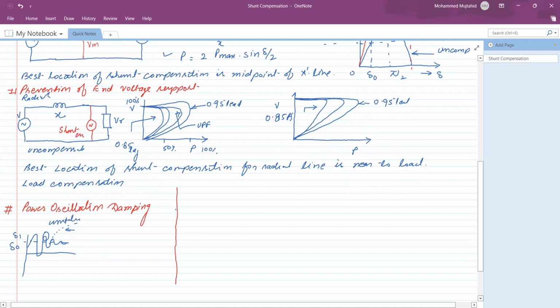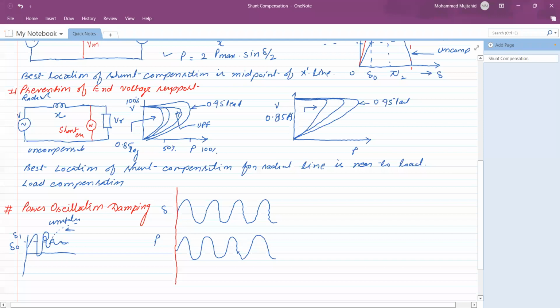So in the power oscillation also, the angle delta continuously oscillates to its final value. Due to this oscillation, the power also oscillates, and it increases the oscillation in the transmission line or tie line power oscillation. So this is the power oscillation.